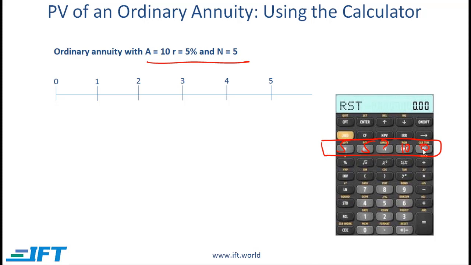When you plug in these numbers, the answer that you should get is 43.29. So in essence, we have gone over 3 different methods for coming up with the present value at time 0 for this annuity. The fastest, most efficient method is the calculator method, and that is the one you need to use on the exam.